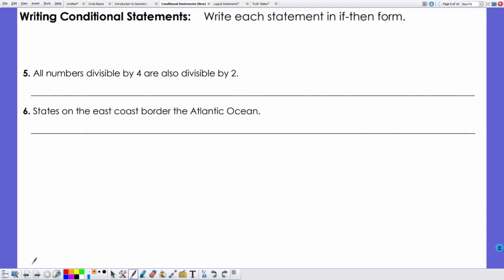So all numbers divisible by 4 are also divisible by 2. If something, then something. So again, the if usually is the first part of the statement.